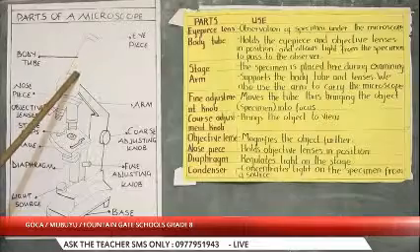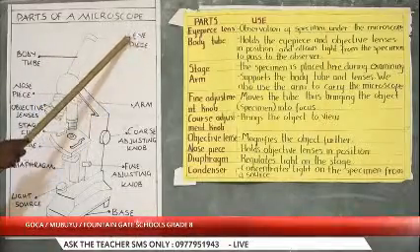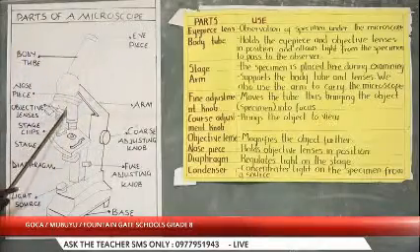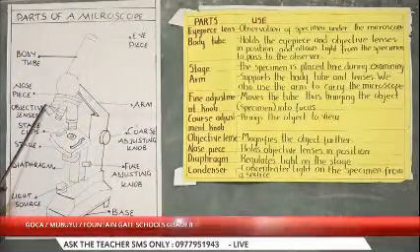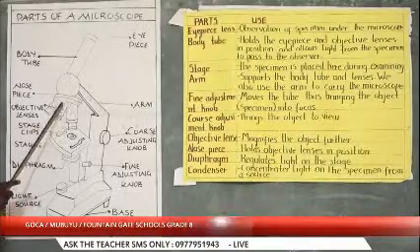The function of the body tube is that it holds the eyepiece. Apart from holding the eyepiece, it also holds the objective lenses, class. Are we able to see where the objective lenses are? Okay, so these are the objective lenses.